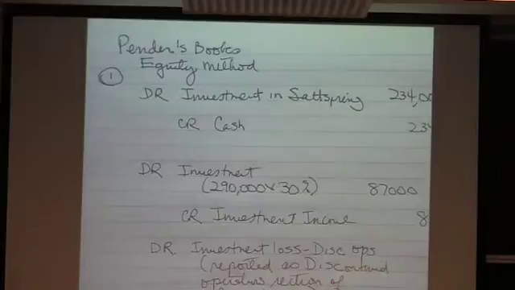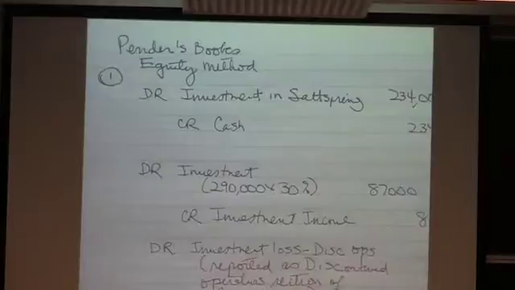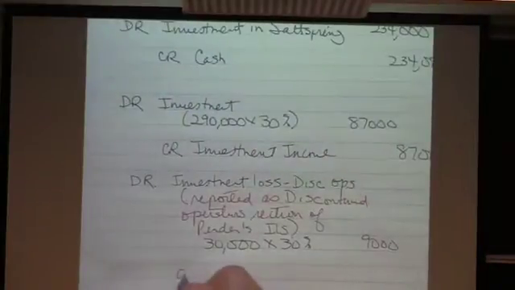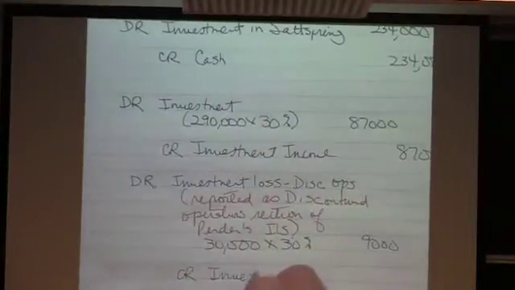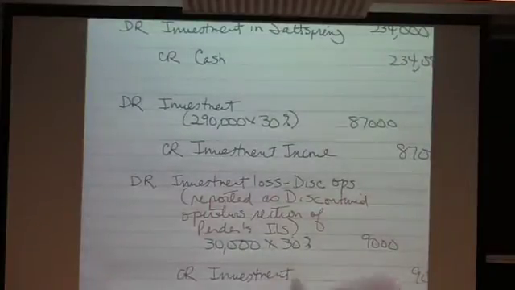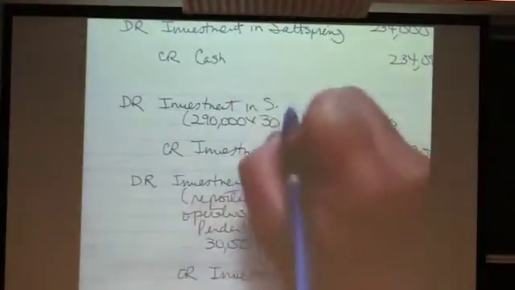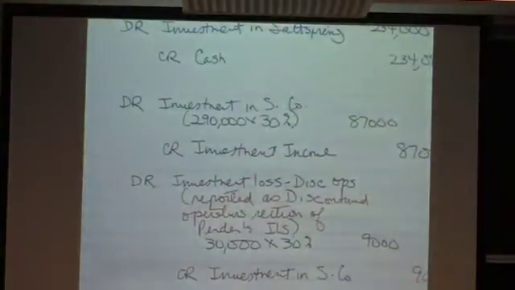So this is 30,000 times 30%, which is $9,000. We're going to debit the loss and we're going to credit investment in Salt Springs, I'll just short form it.